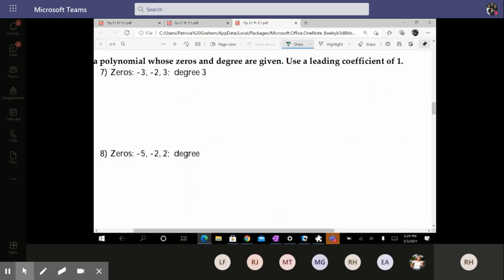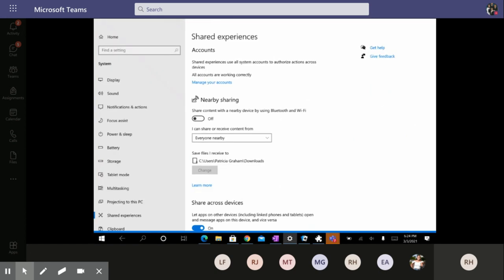When you see that word zeros, I wish I could get rid of this echo.